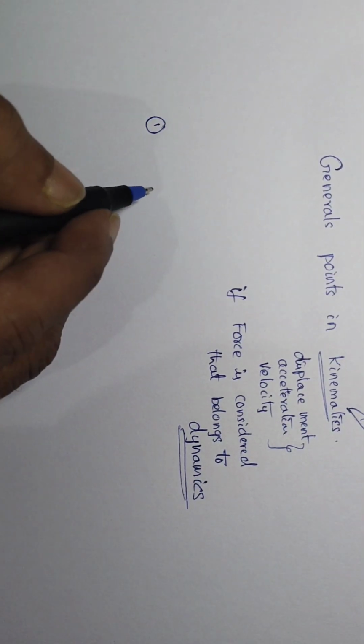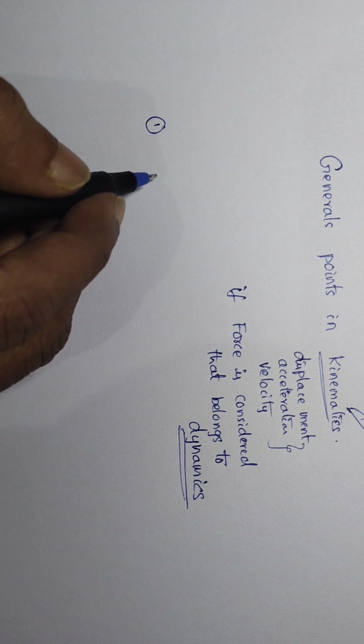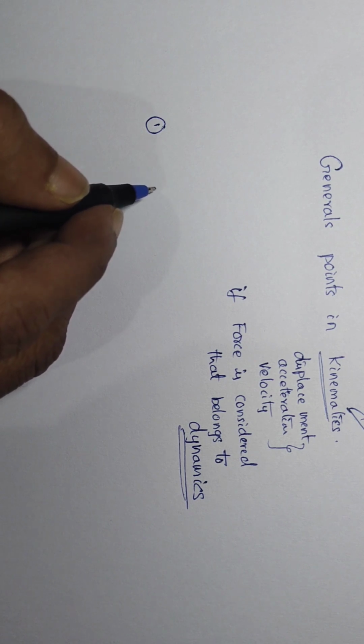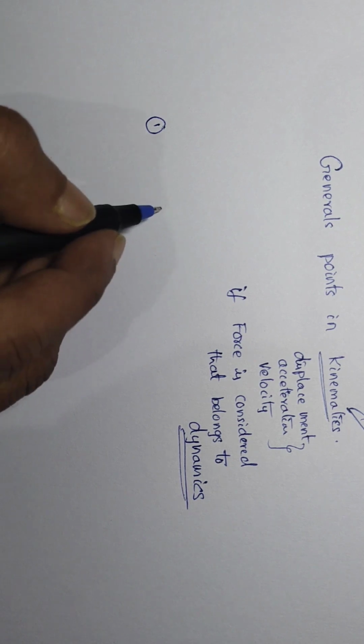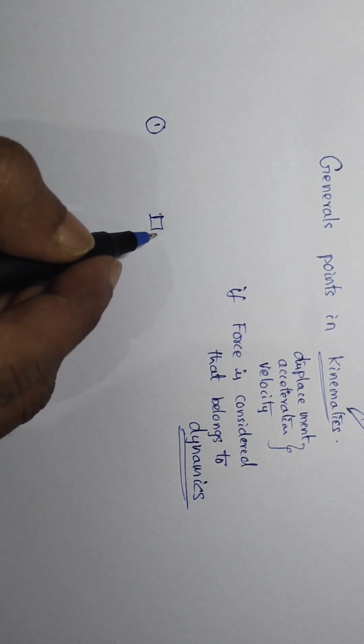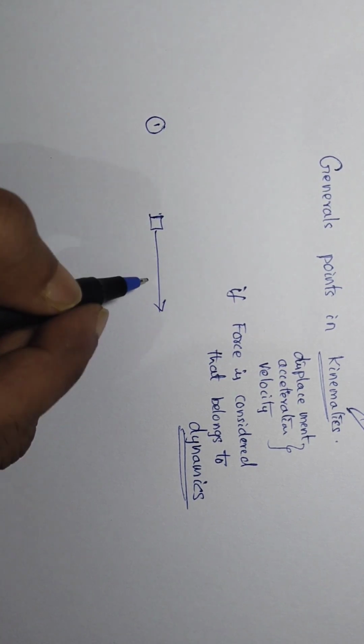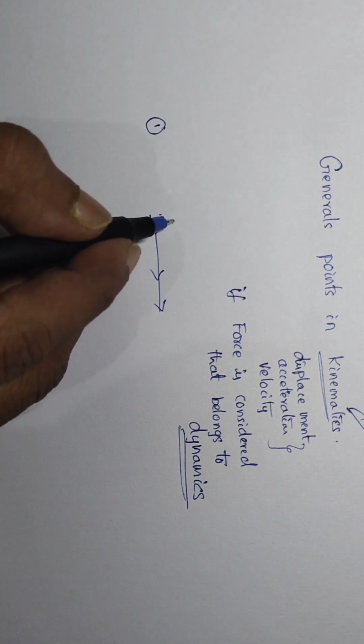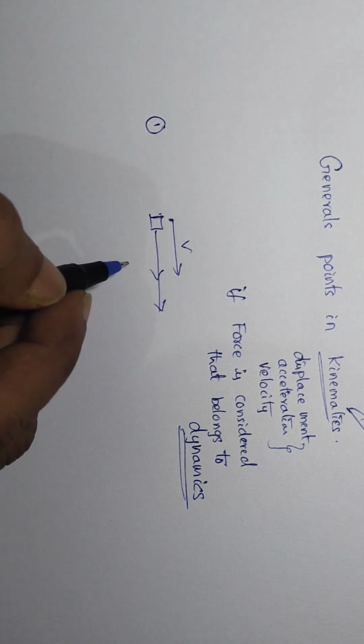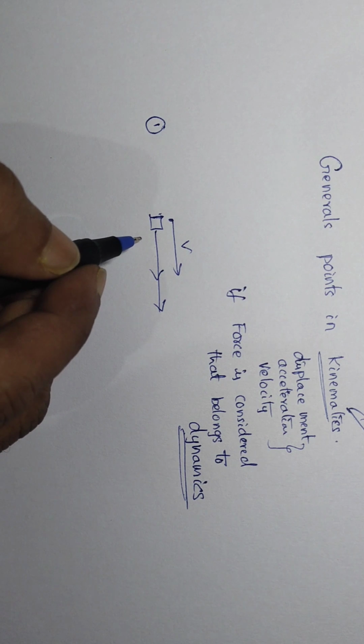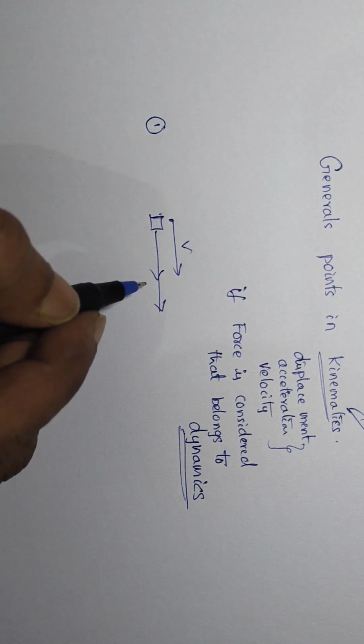The first point is that the direction of the velocity is always in the direction of the motion. So if an object is moving in this direction, the velocity of this object is also in this direction. Whereas the acceleration is not necessarily in the direction of the motion.